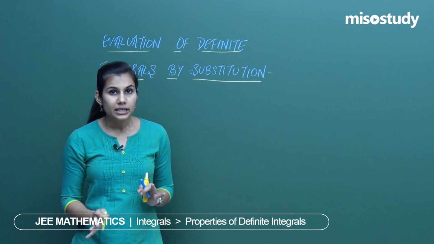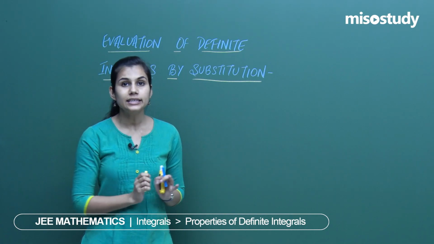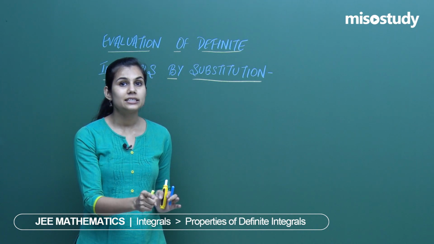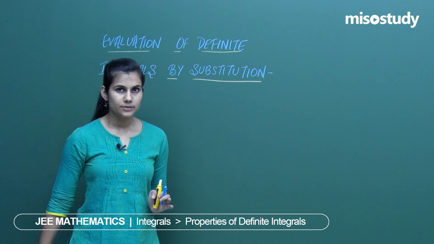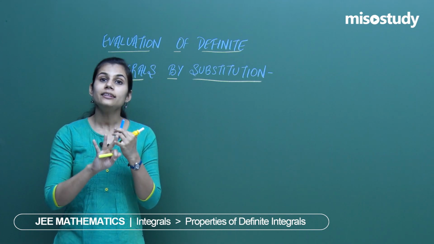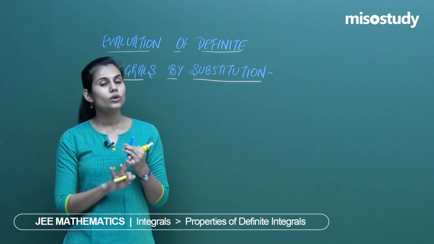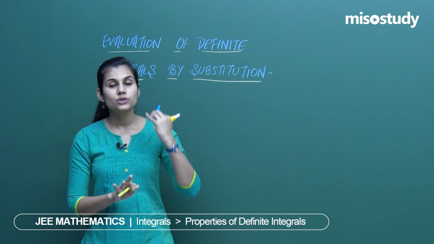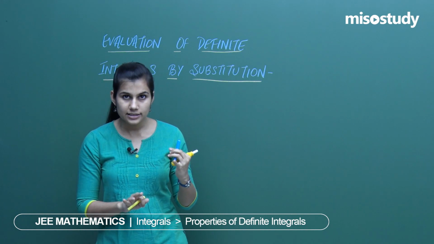Whereas when the variable is changed in the definite integral, the substitution is affected at three places: the integrand, the differential and the limits. If the original variable of integration was x, that means the limits were values of x.